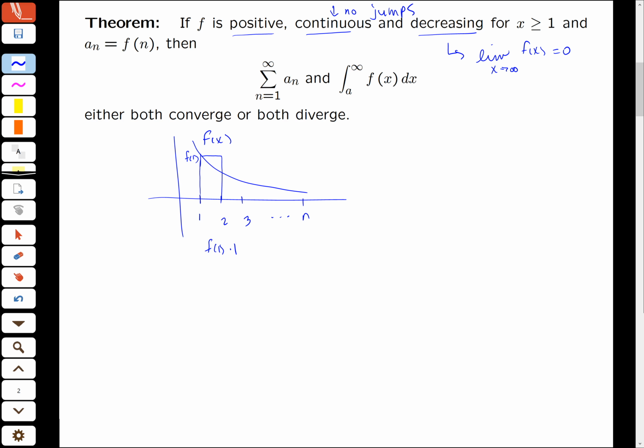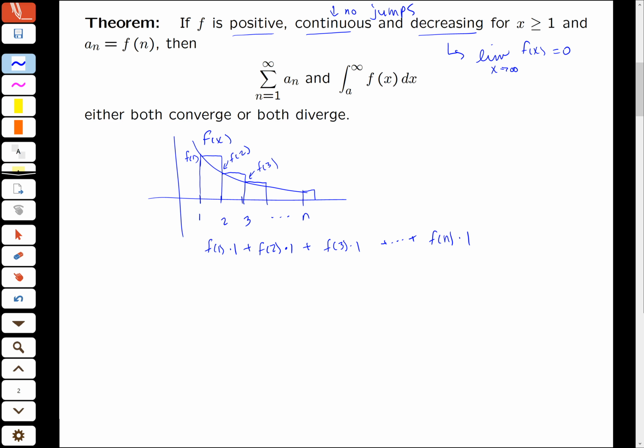Now this second one has height f of 2, and its base is still a width of 1. If you keep on going, you would have f of 3 times 1 for the next one. And when you get down here to this n, you're going to have f of n times 1. So the area under the curve there is approximated by your series.